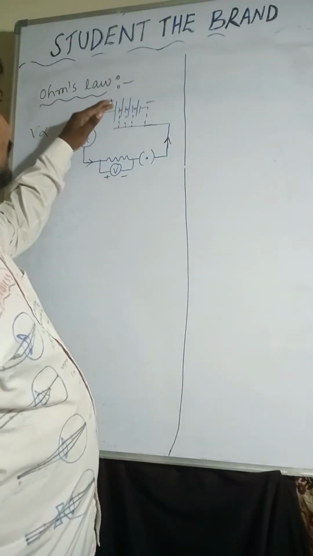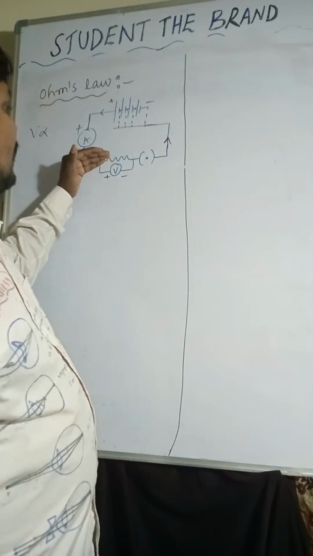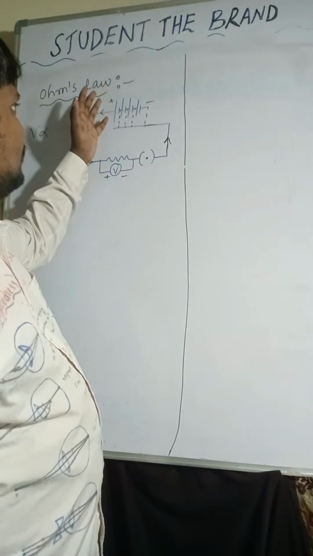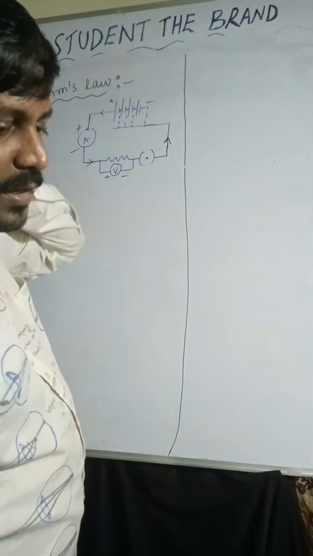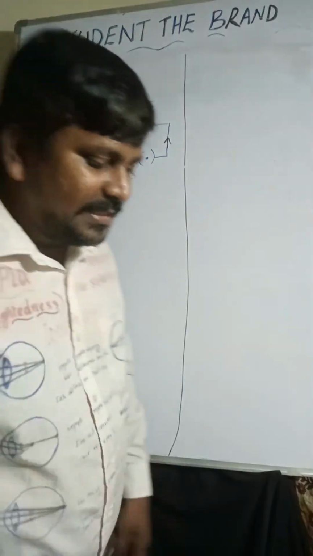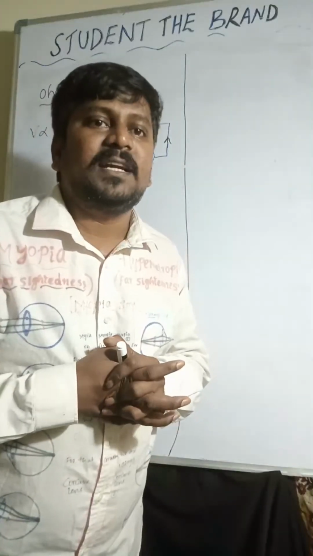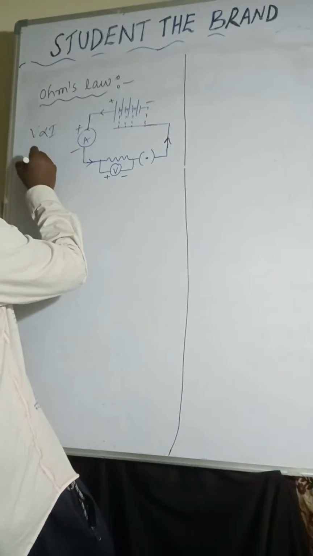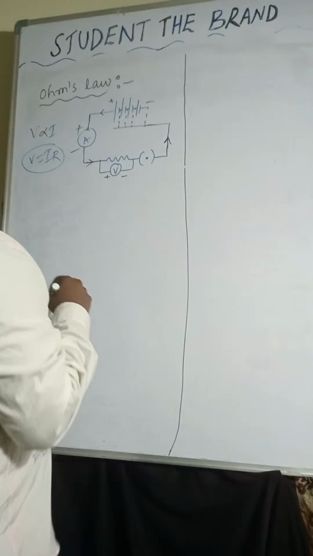Current is passing from the positive terminal to the negative terminal. Okay. Resistor, voltmeter, ammeter, switch, cells, number of cells. I hope it is very clear, right? Now, the potential difference across the ends of the given metallic conductor, V is directly proportional to I. V equals IR.